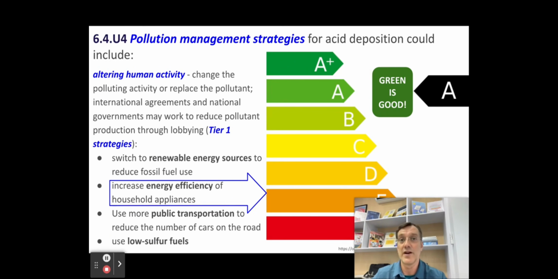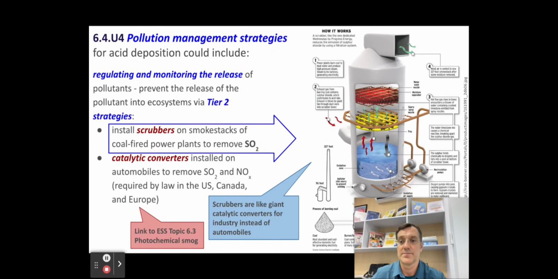We can also improve our energy efficiency and conservation by using public transportation, carpooling, or biking instead of driving. International agreements and national governments may work to reduce pollutant production by setting emission standards, imposing taxes or fines, or providing incentives or subsidies.